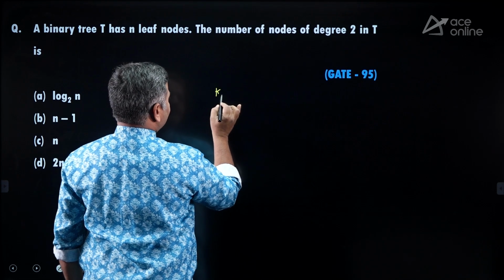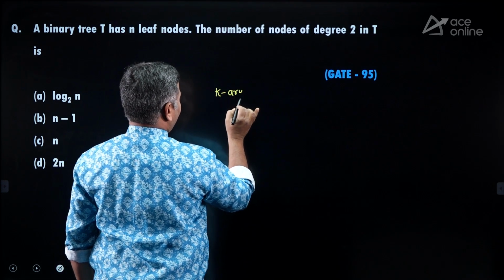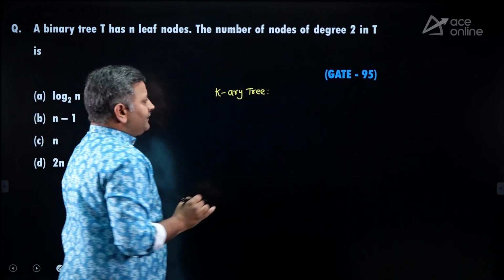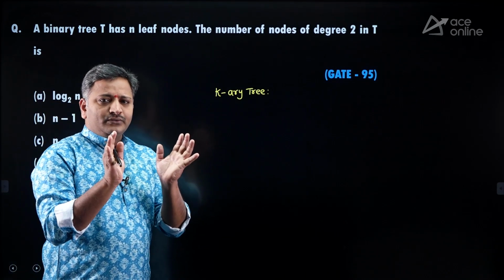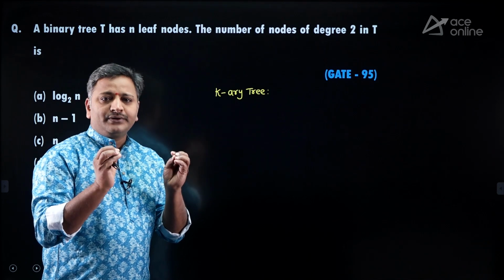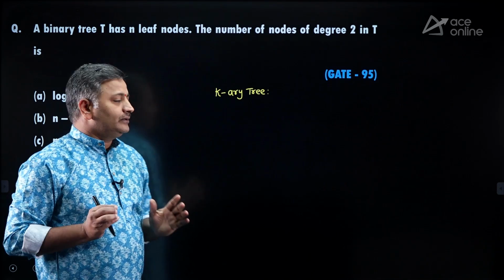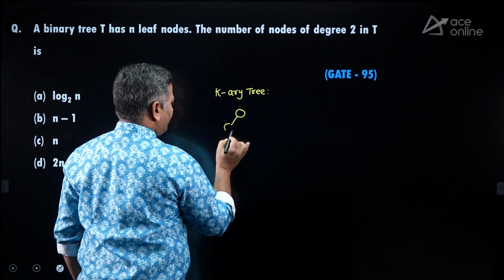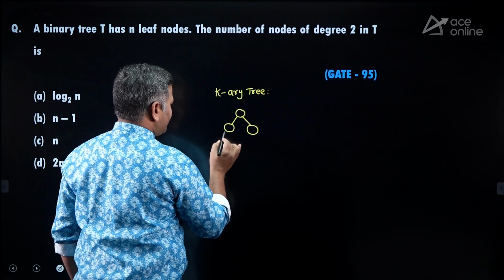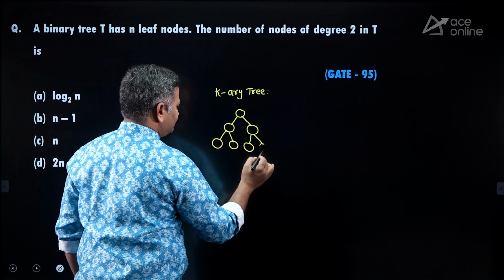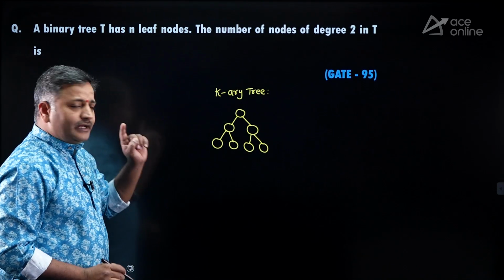To answer this question, first you need to understand K-ary tree. K-ary tree means every internal node contains exactly k children. For example, if I consider a tree of this format, there are 3 internal nodes.